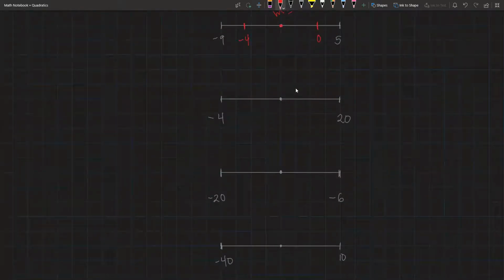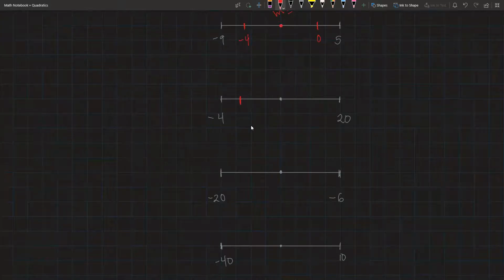All right, let's analyze the next one. Should we extend or cut the segment? Think about that, and identify the 0. Because this number is negative and this one's positive, that means that 0 must be somewhere inside there. And it looks like a lot closer to -4. So that's where I will begin. We're going to remove 4 units on the left side. So now I'm starting on that part of the line segment.